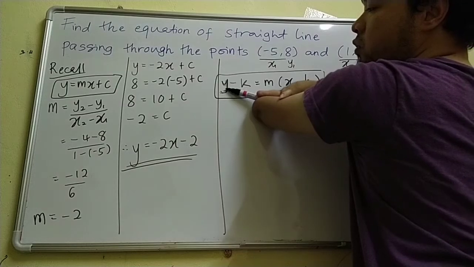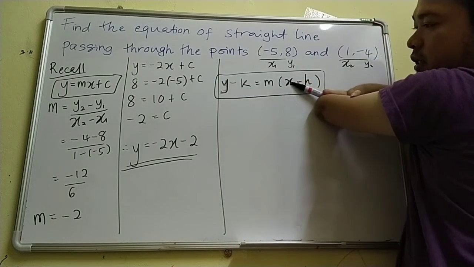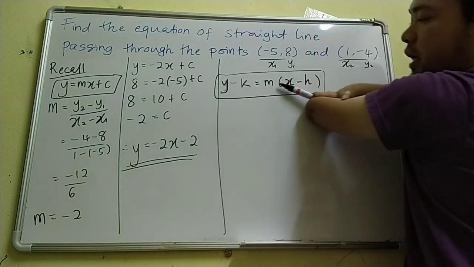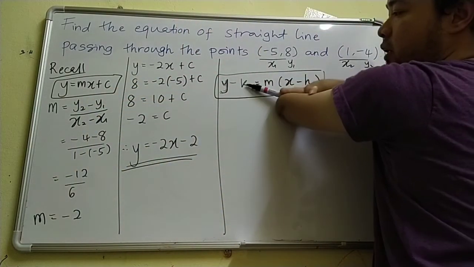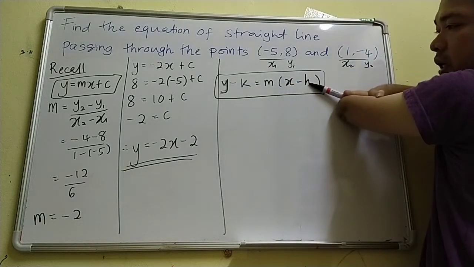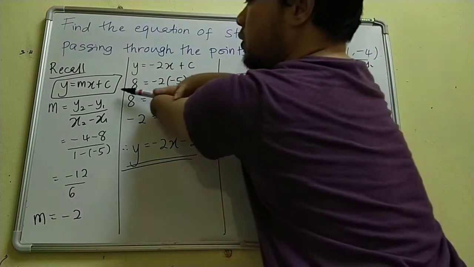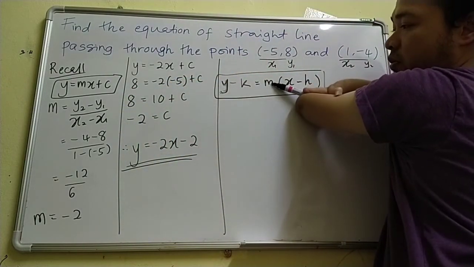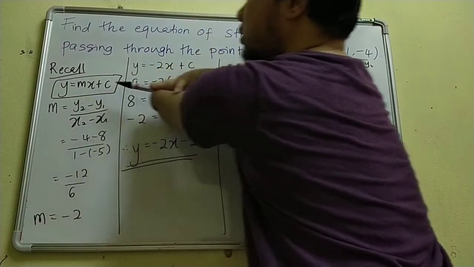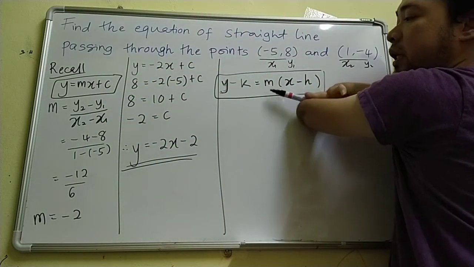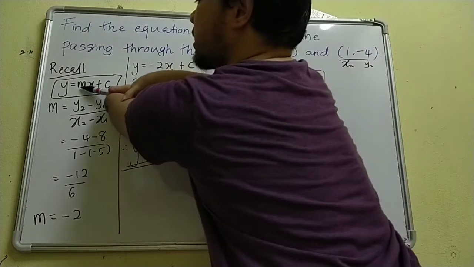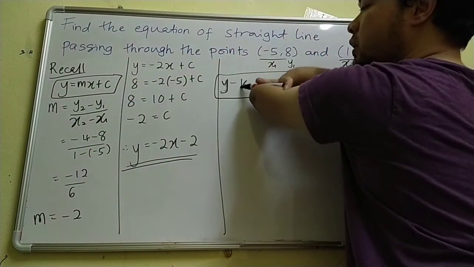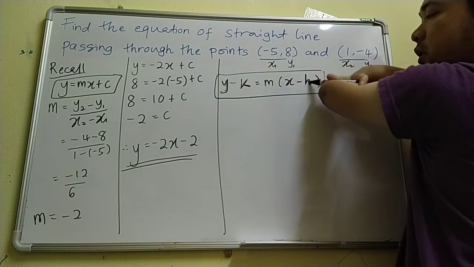First of all, this y and this x are exactly similar to the y and x in y = mx + c. We also have m over here, which represents the gradient, same as before. So the only new things are k and h.